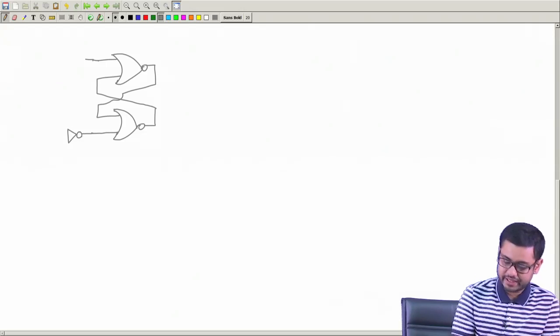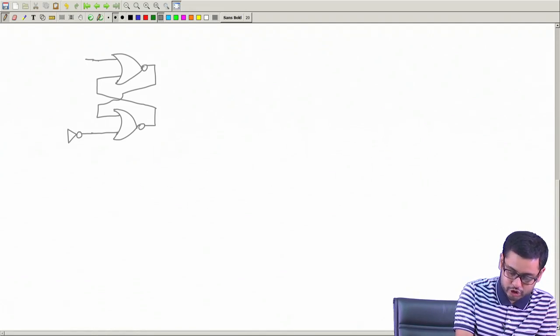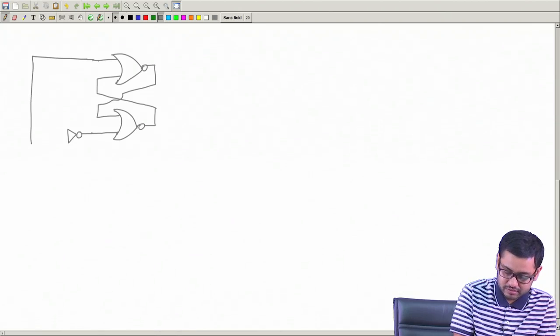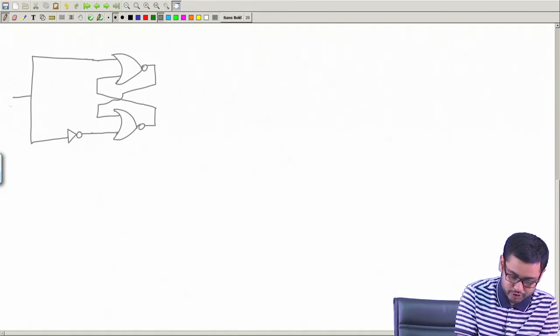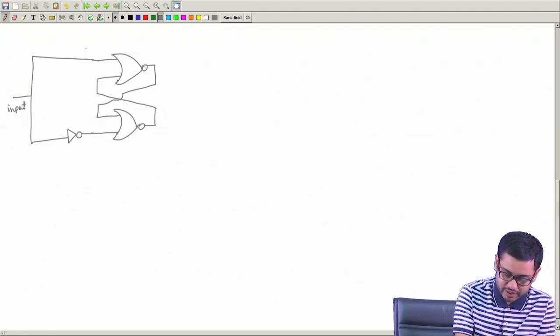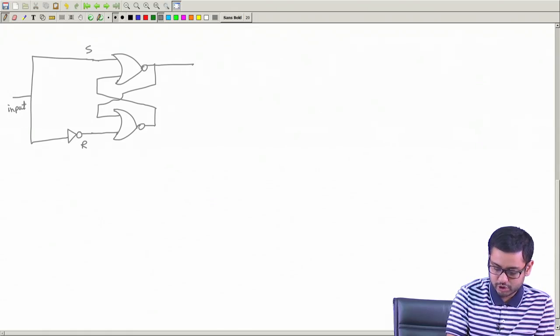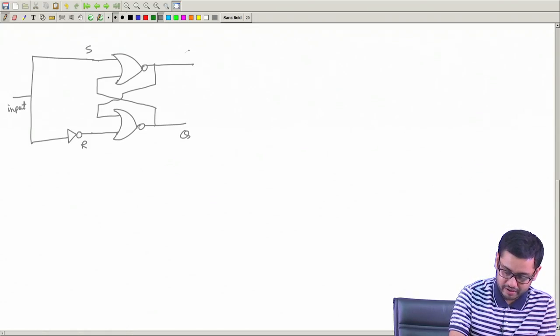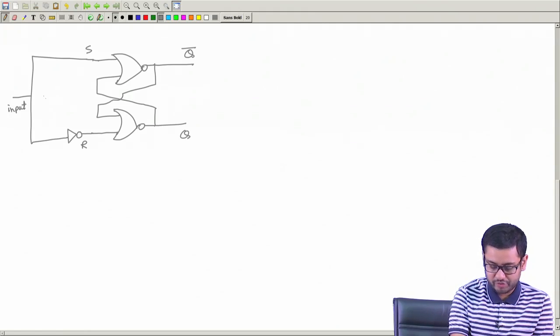So, either here I connect a NOT gate or here I connect a NOT gate, and then I short these two, and this is my input. Okay. So, this was S, this was R in the SR flip flop, this was Q, this was Q bar in the previous diagram. Now, I have made this modification.